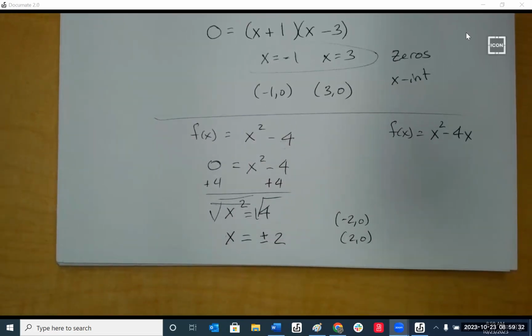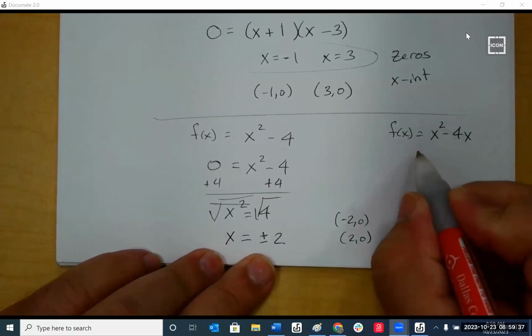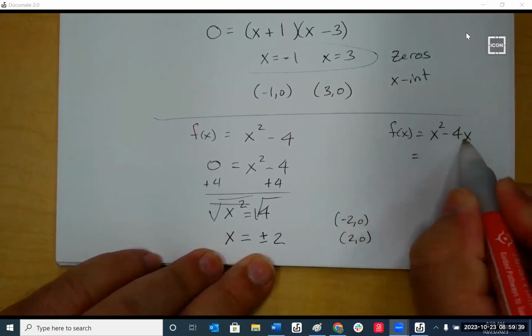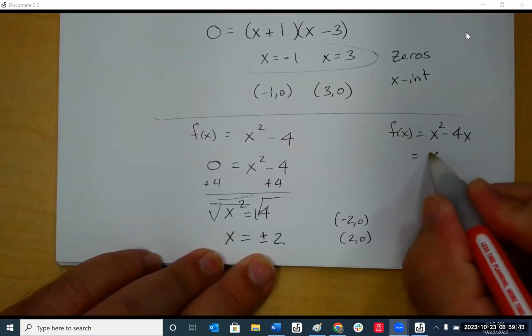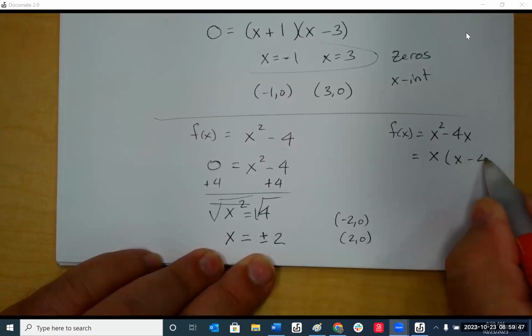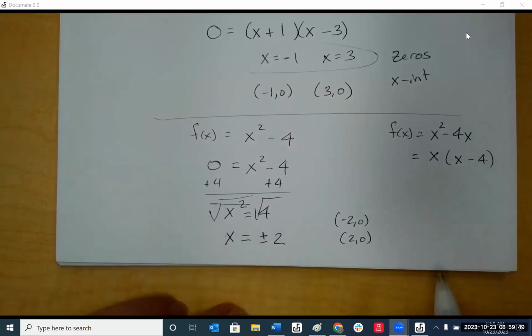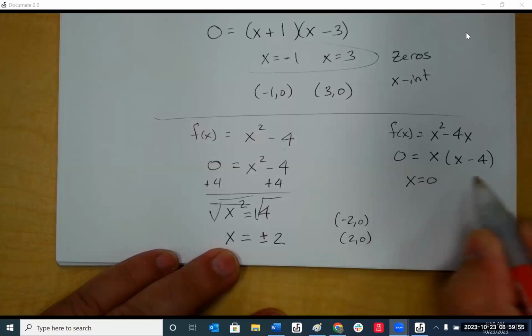Put numbers on one side, x on the other. But if you have x's on both of them, what do they both have in common? They have an x. So if I take out one x from both of those, I got x minus 4. So I set them both equal to 0.